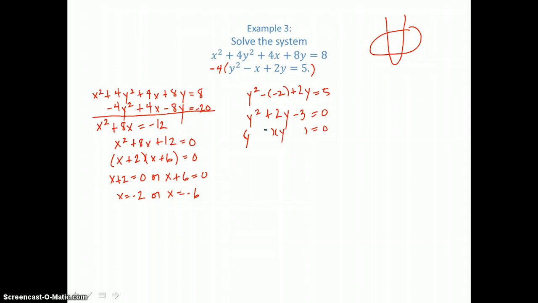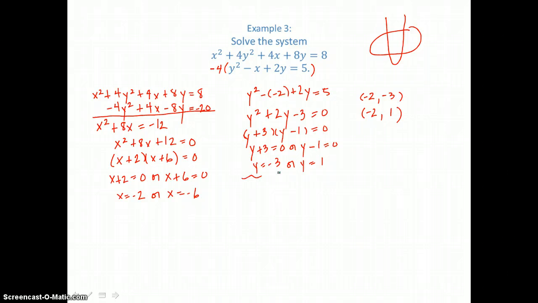Factors of 3 that have a difference of 2 are 3 and 1. We want to make the 3 positive and the 1 negative, so that positive 3y and negative 1y are positive 2y in the middle, and 3 times negative 1 is negative 3. So using that zero product property, I'm going to get y equals negative 3 or y equals 1. So here we're getting 2 points of intersection. When x is negative 2, y could be negative 3, and when x is negative 2, y could be 1.